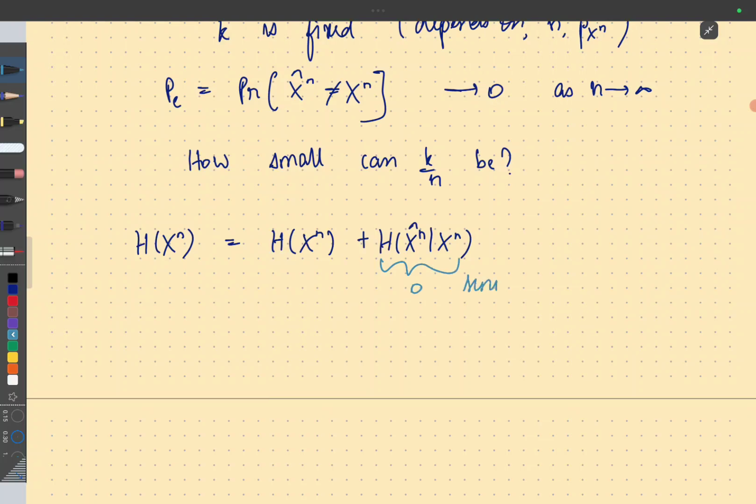This is 0 since the encoder and decoder are deterministic. So this is just h of xn hat.